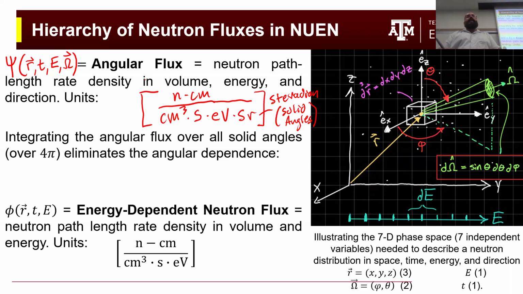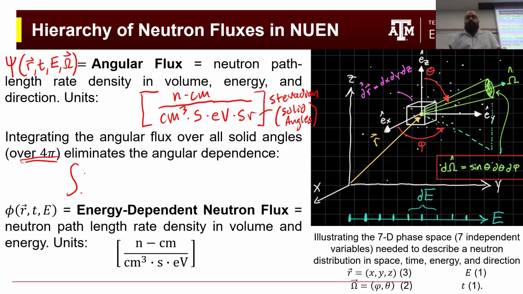If I wanted to get away from the angular flux and simplify this distribution, what I could do is, if I knew what that angular flux was, I could integrate over all of the neutron directions, over all of the solid angles, which would mean over 4 pi. That would get rid of the angular dependence.